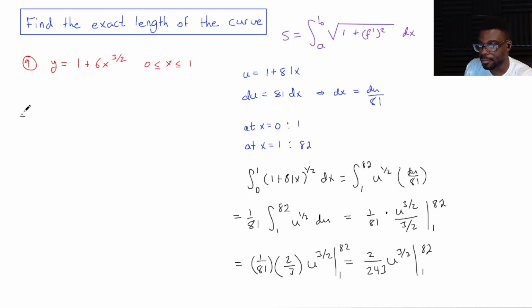So we're going to have 2 over 243 at 82 to the power of 3 over 2 minus 2 over 243 at 1 to the power of 3 over 2. Right, so now let's just factor out the 243 and clean this up a little bit.